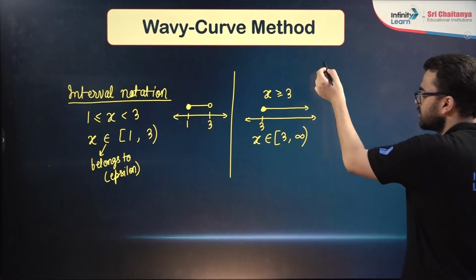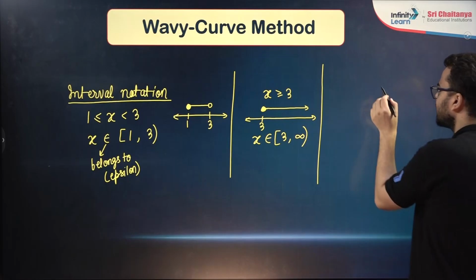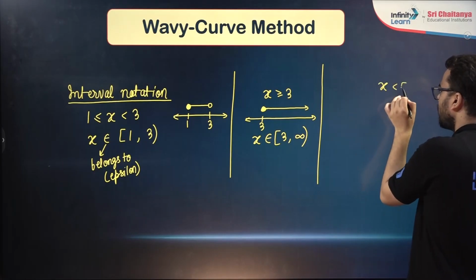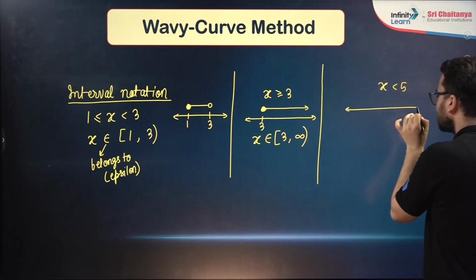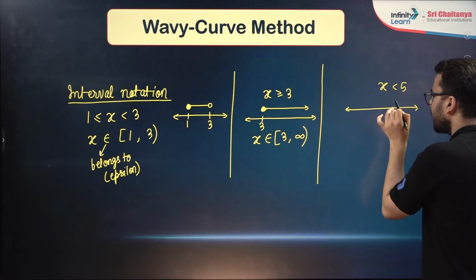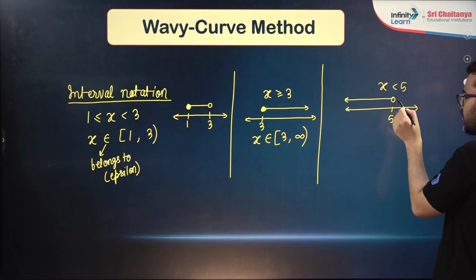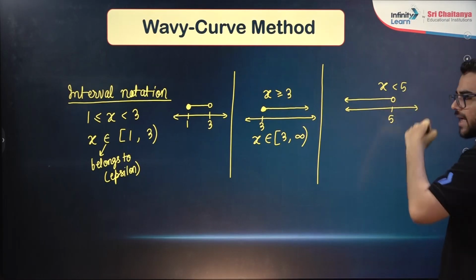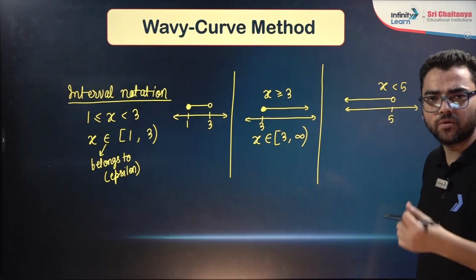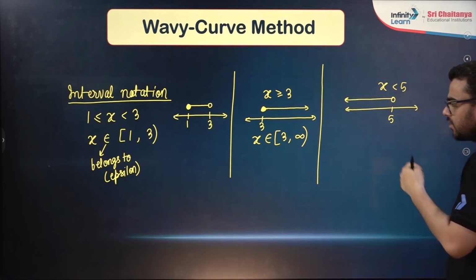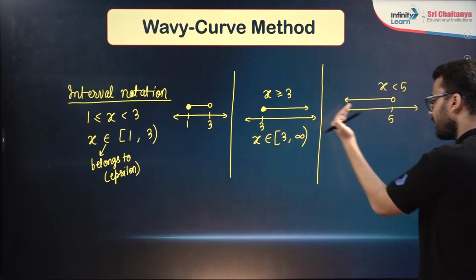Suppose they say that x is less than 5. How will you show it on the number line? It is something like this. You have 5 over here, and you don't know till what it is going. You cannot fill this hole because it is only x less than 5, so 5 is not to be included. Now interval notation is every time written from left to right.